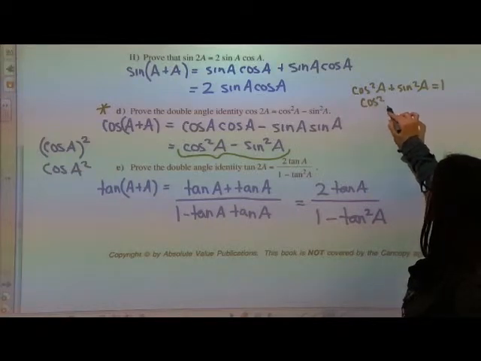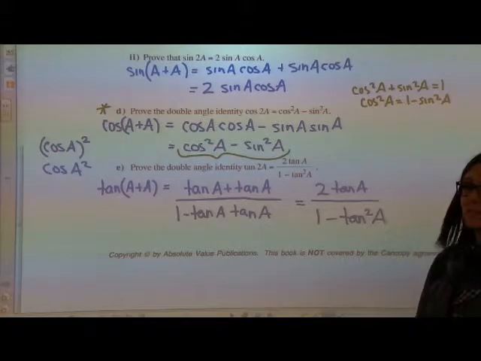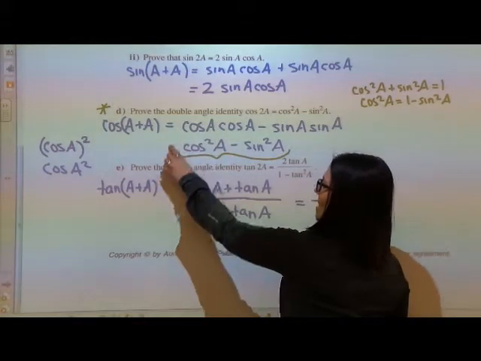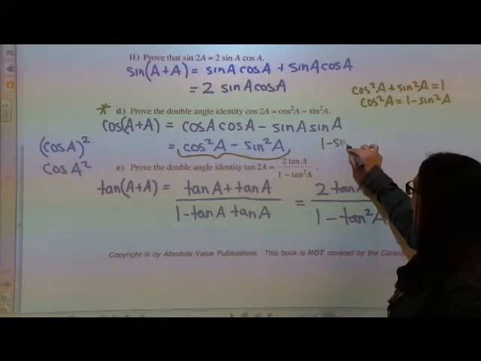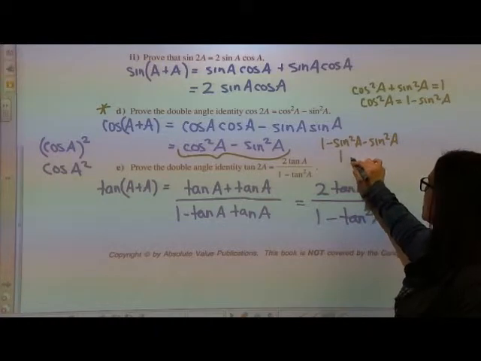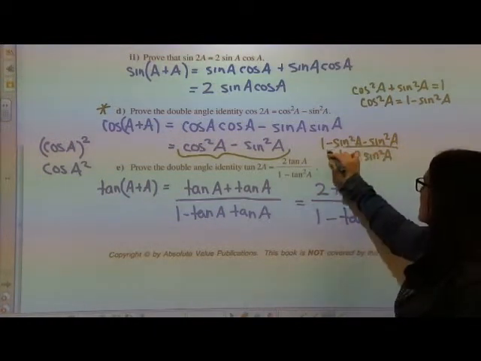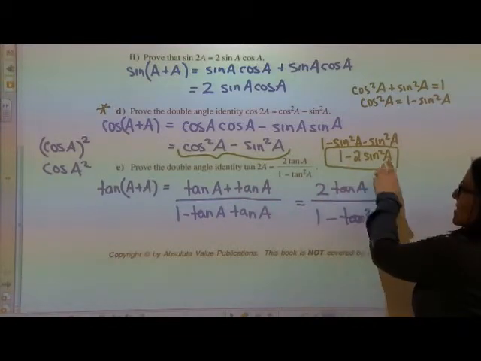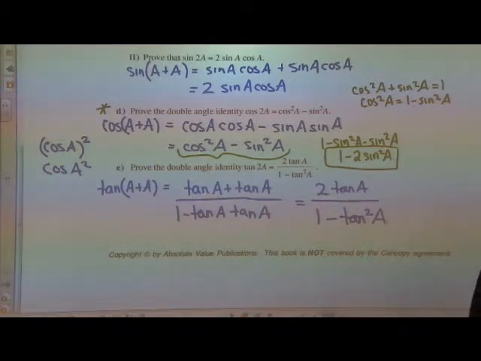So I could have cos squared A equals 1 minus sine squared A, which if I put in here, I get 1 minus sine squared A minus sine squared A, which gives me 1 minus 2 sine squared A. So this 1 minus 2 sine squared A is also equal to cos 2A, just by rearranging and doing another substitution.